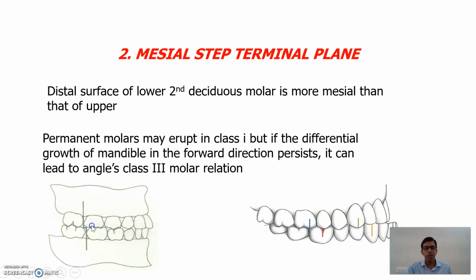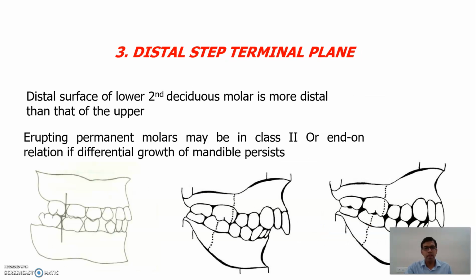The mesial step terminal plane relationship between the maxillary and mandibular deciduous teeth changes into a class 3 molar relationship if there is increased differential growth in the mandibular bone.